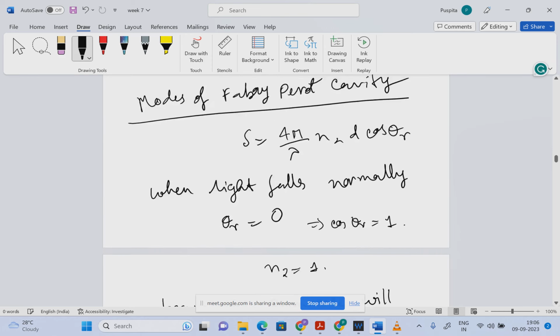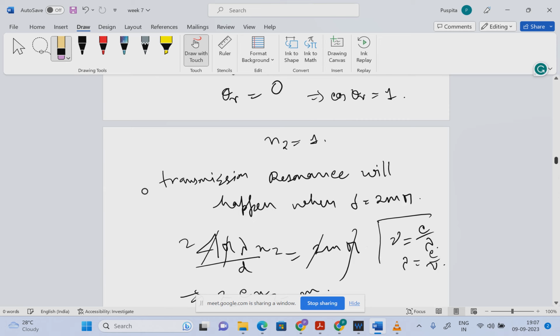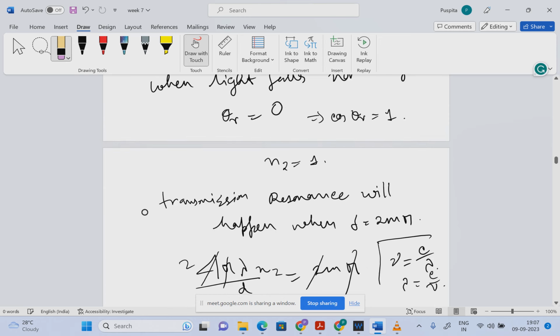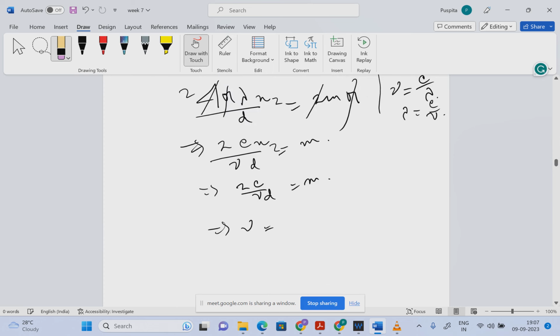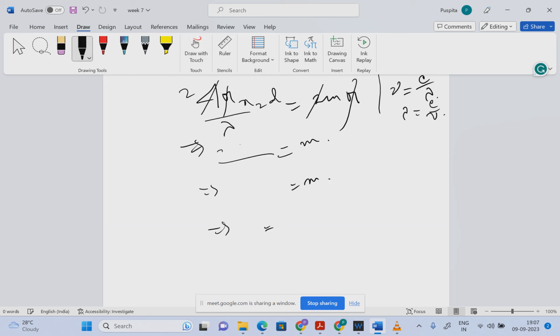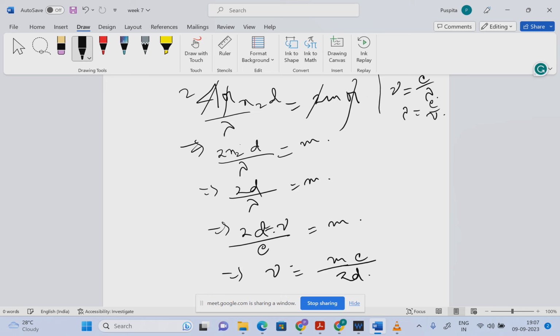2 d by lambda, so 2d by C into mu is equal to m. So mu will be mC by 2d.